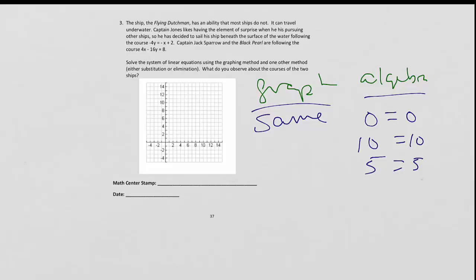In the last set, you could have gotten something like 5 equals negative 5, or 5 equals 4, 5 equals something that's not itself. But when you work out the algebra with substitution or elimination for a dependent system, you're going to get something that is very redundant. Well, 0 equals 0.